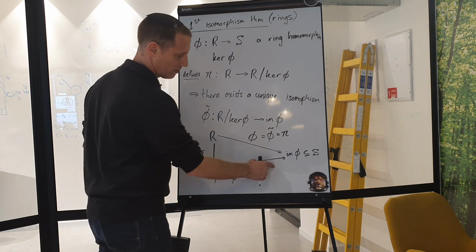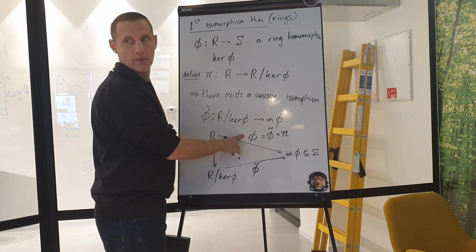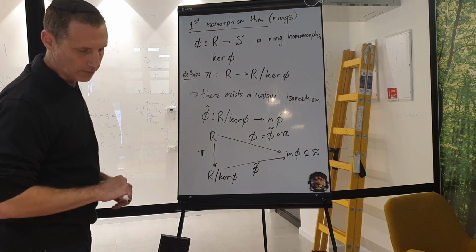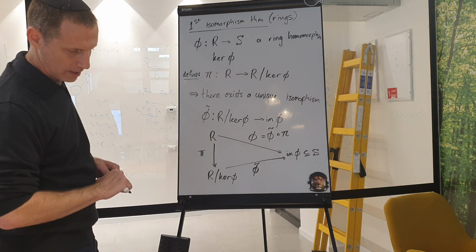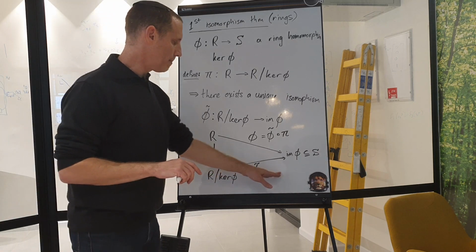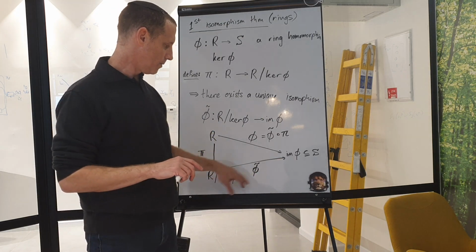And this map is isomorphic to this, okay? That's what we're saying. Now, this map is isomorphic, okay? Like what we see here and what we see here.